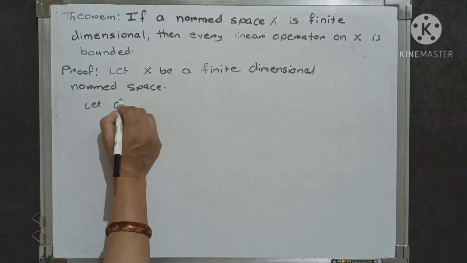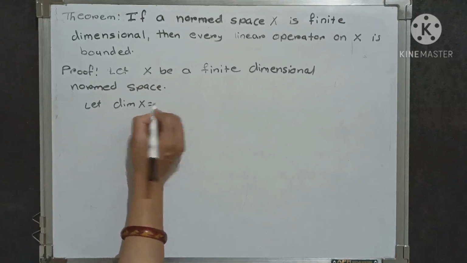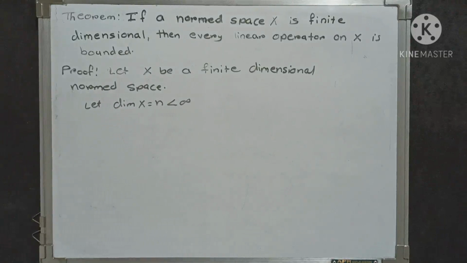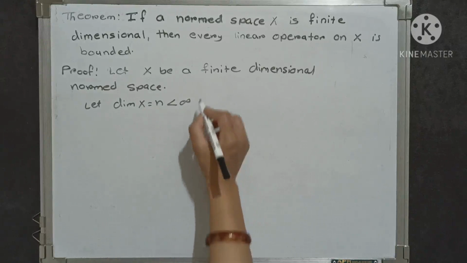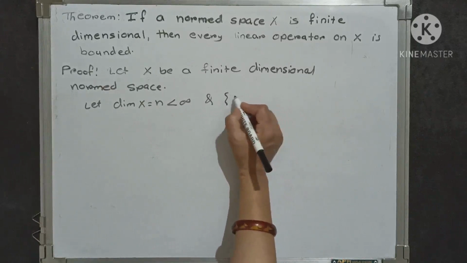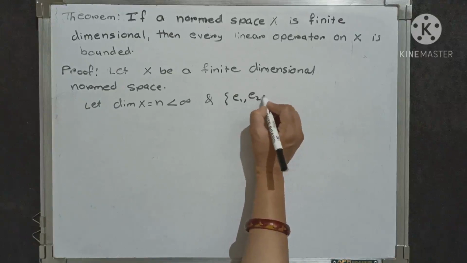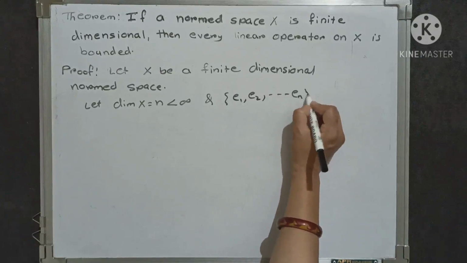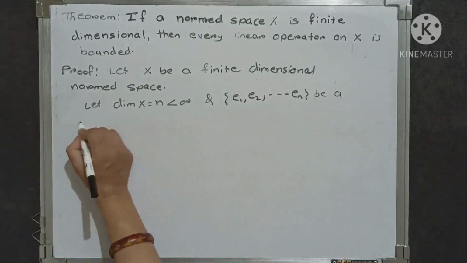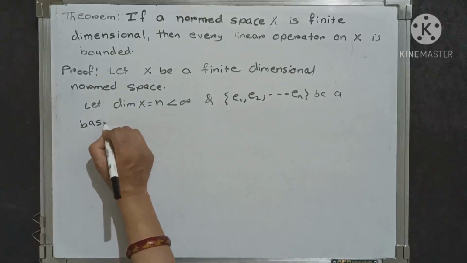Let dimension of capital X equals n, which is strictly less than infinity. As it is finite dimensional, therefore we consider a basis. Here we consider e1, e2, up to en, be a basis for capital X.